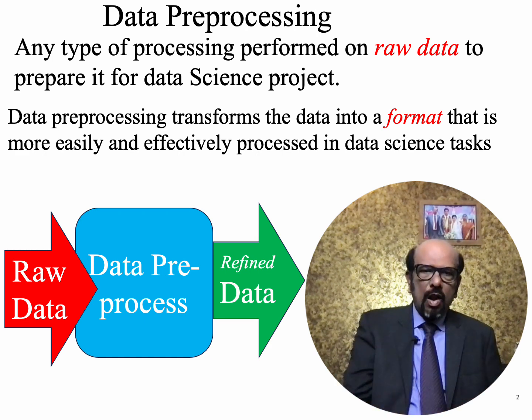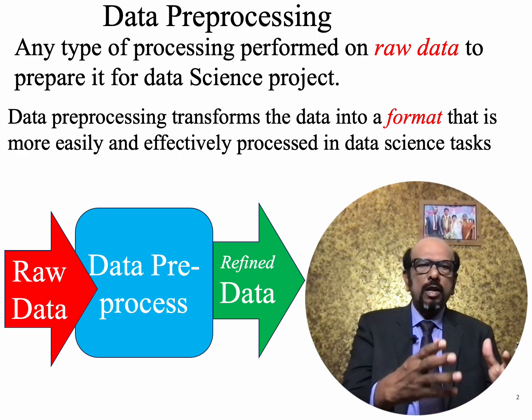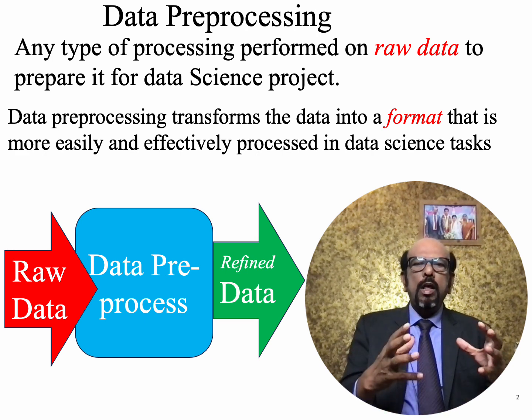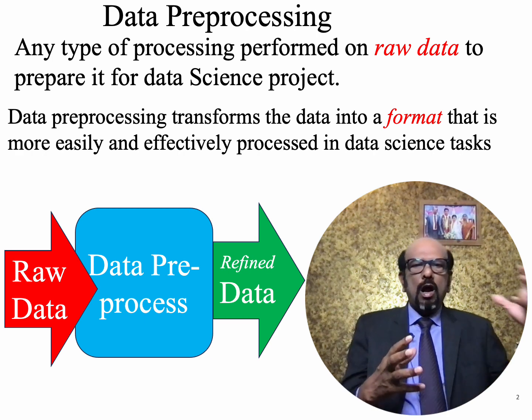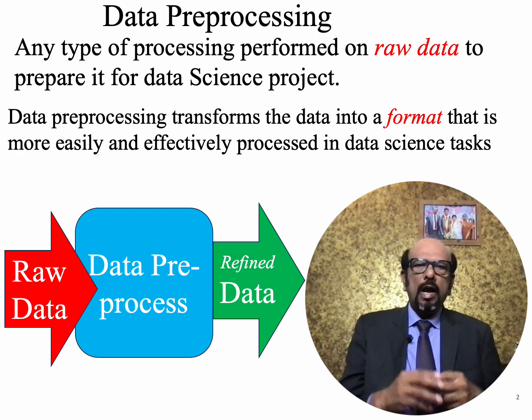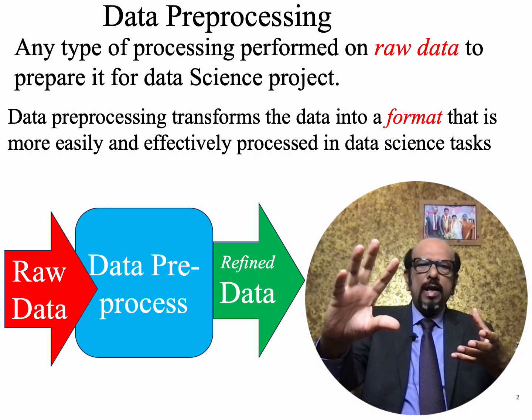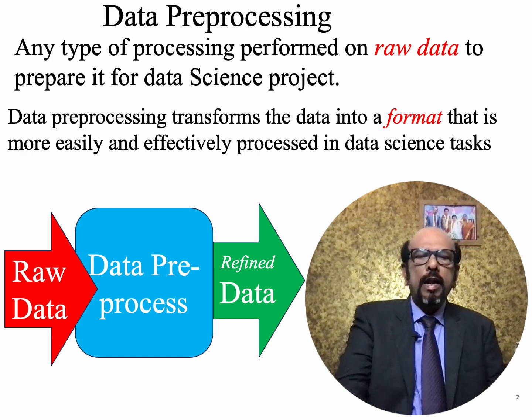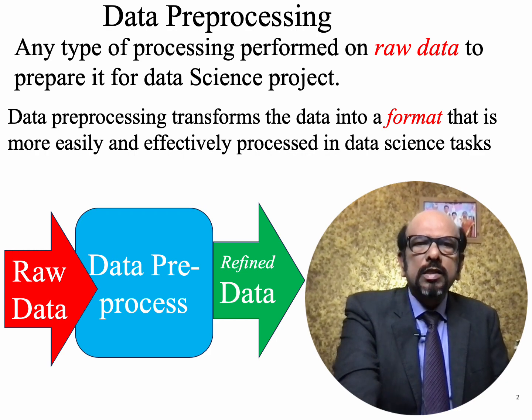So you collect the raw data, look at the picture. Pre-processing is an activity which takes raw data as an input and refined data as the output. So this is called data pre-processing.